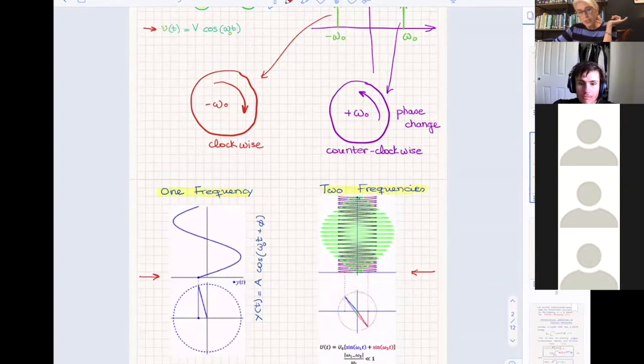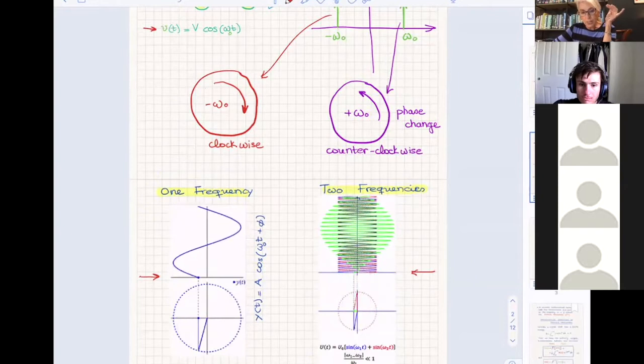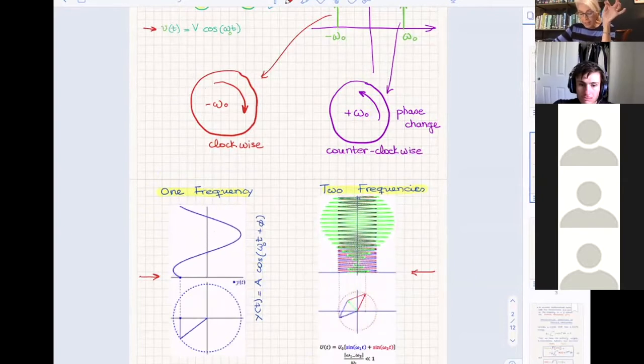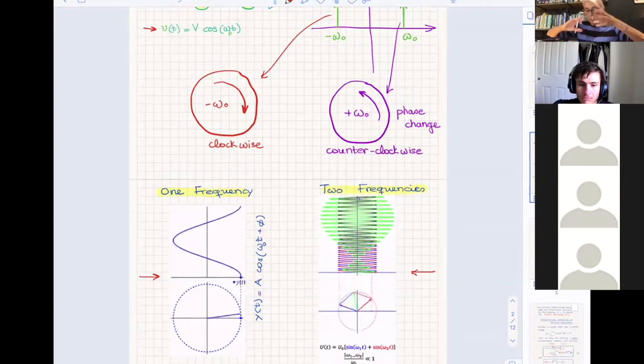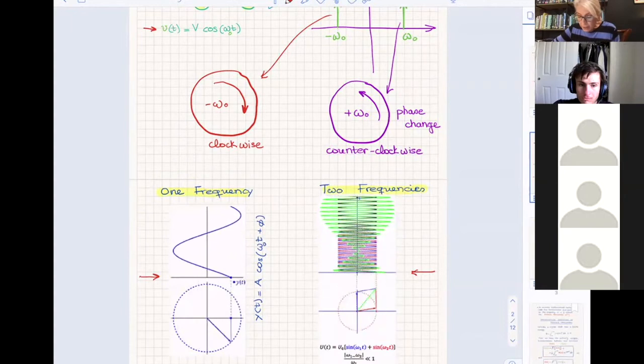I mean, if you use this circle, you see how they change, as the phase changes and the orientation of the two signals, how they combine to give this green one.